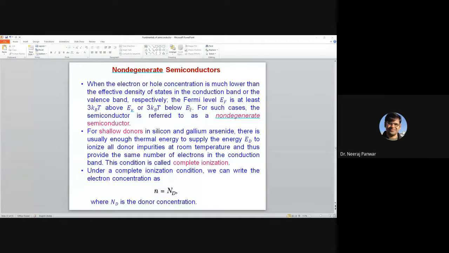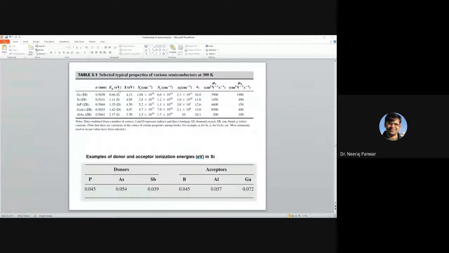If you recall, I showed you one slide in which the effective density of states at the conduction band edge and the valence band edge are given for different semiconductors. It varies from 10 to the power 17 to 10 to the power 19 for different semiconductors.